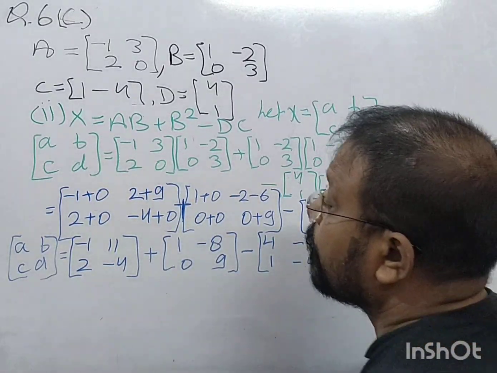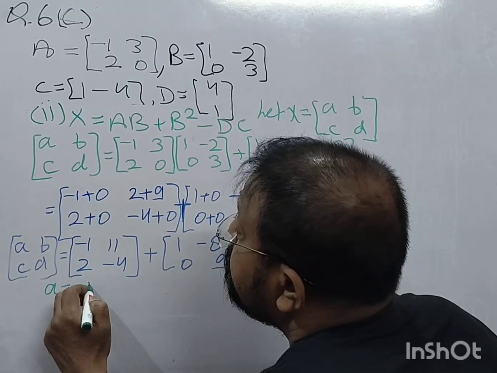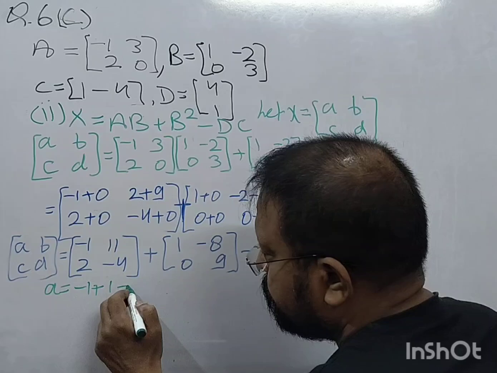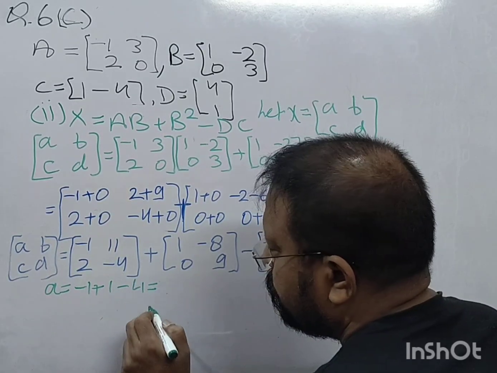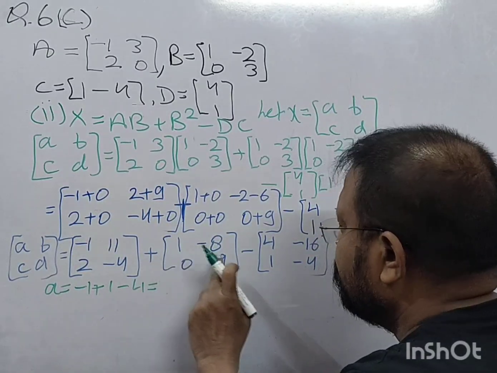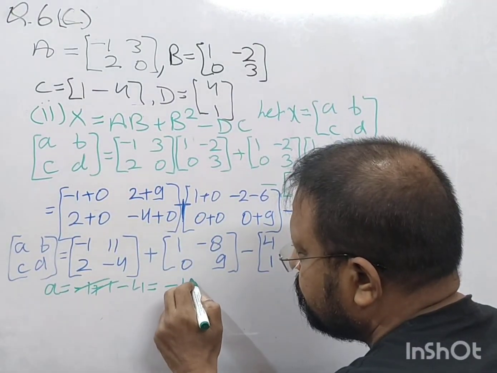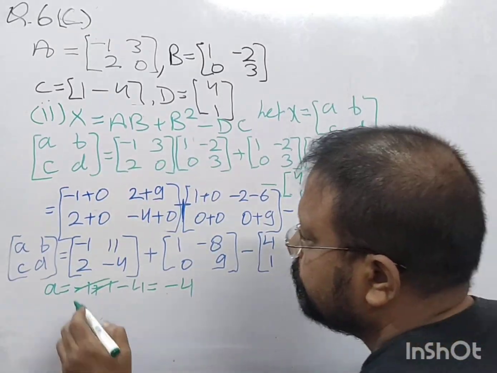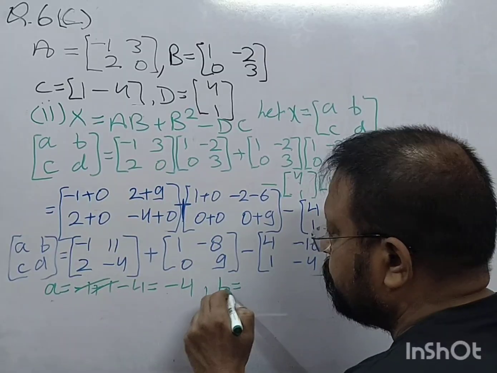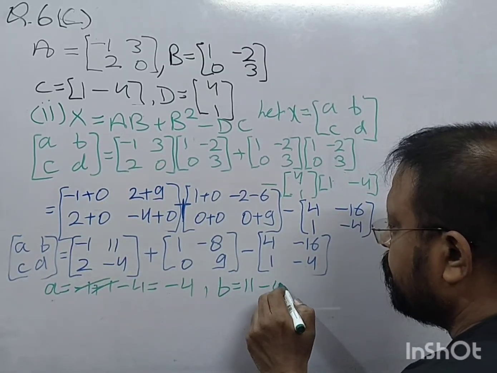So now A is what? A is equal to minus 1 plus 1 minus 4. Plus minus cancel out. It becomes minus 4. What is B? B is equal to 11 minus 8 plus 16.